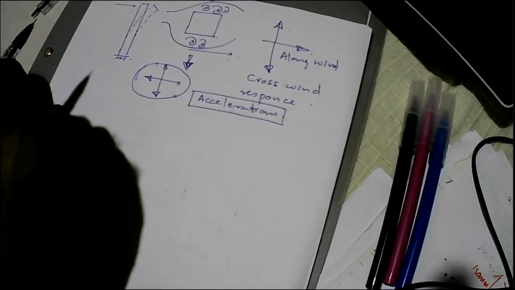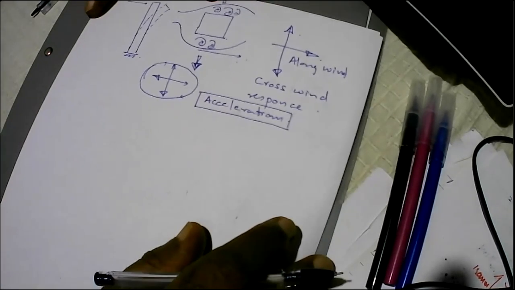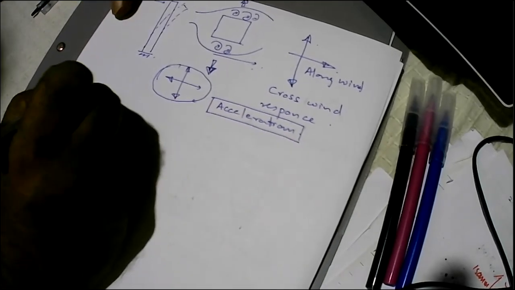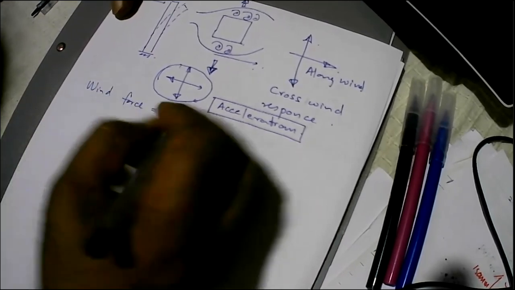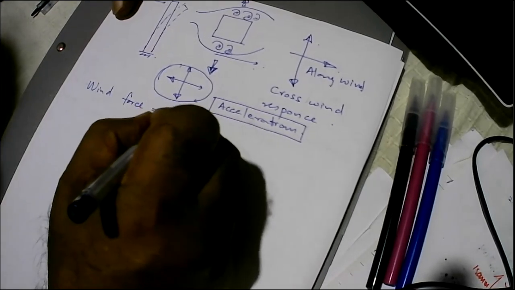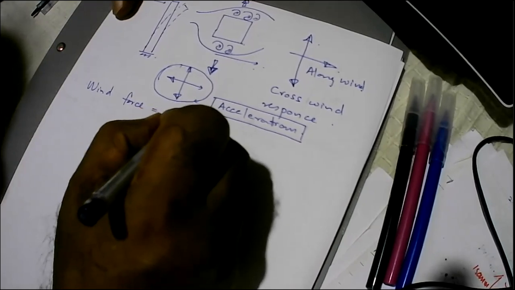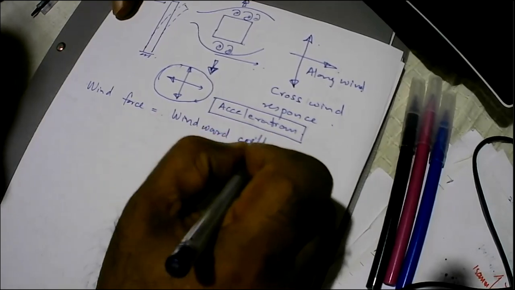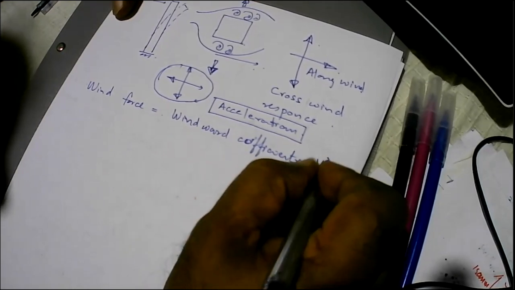So in the Australian code, in addition to finding the acceleration, even for wind loads, the wind force is given by a force coefficient, a windward coefficient, multiplied by Q Vs squared.